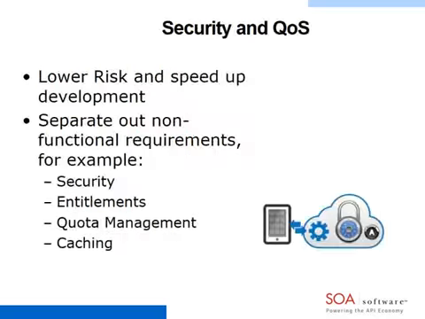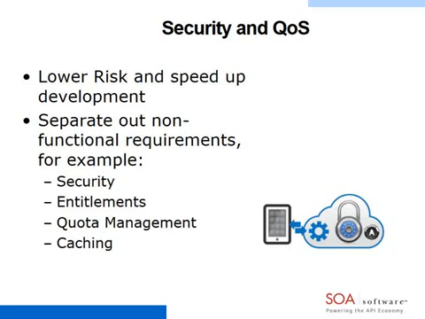So the next key component or capability that I see that is specific to or relevant to mobile app development is around security and quality of service. More generally, though, what you're trying to do here is you're trying to separate out non-functional requirements from functional requirements.